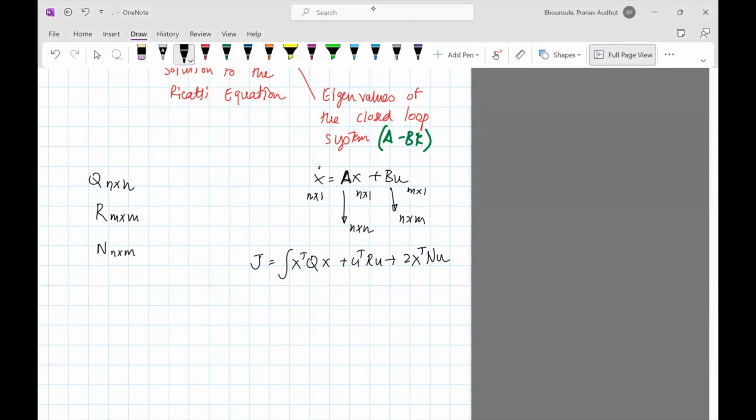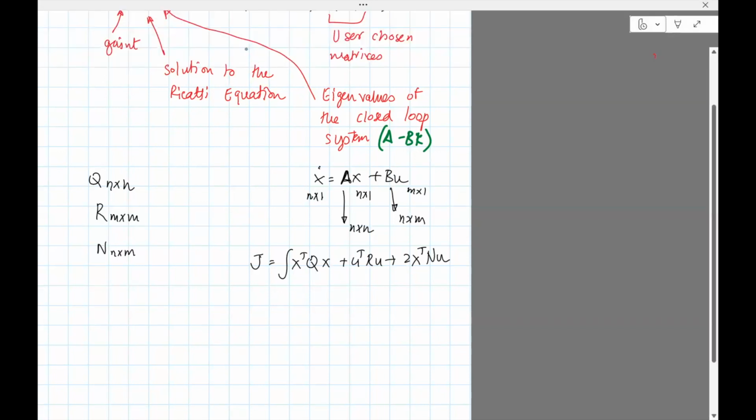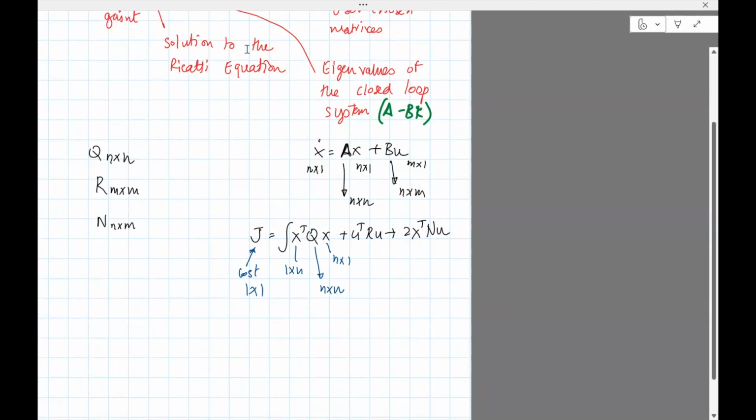From this equation, you can figure out the dimensions of Q and R. By the way, this is a scalar, a cost, so 1 cross 1. X is N cross 1, X transpose is 1 cross N. So it has to be that Q is N cross N, otherwise this multiplication won't yield 1 cross 1. Similarly, U is M cross 1, U transpose is 1 cross M, and so R has to be M cross M.